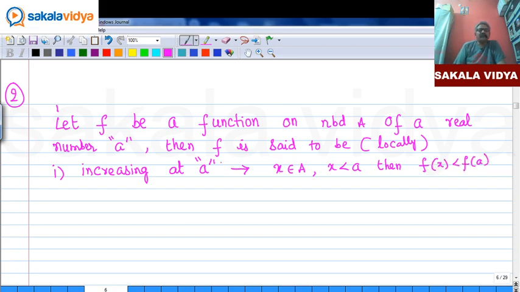Then we say that f is increasing at x equal to a.